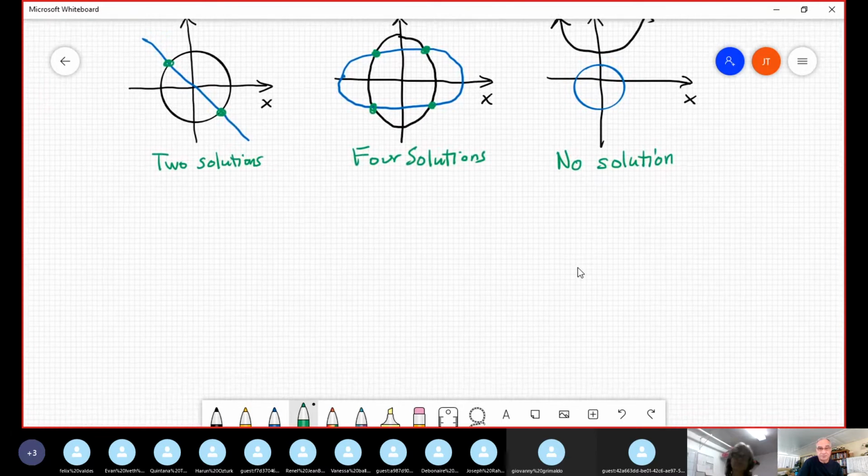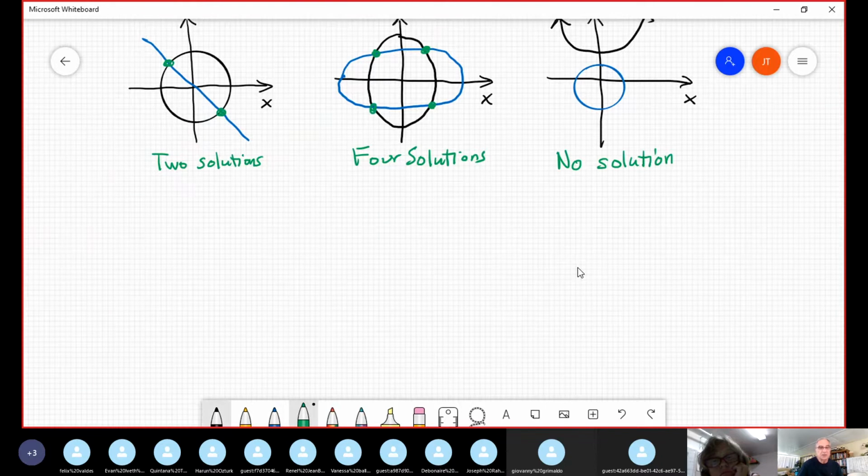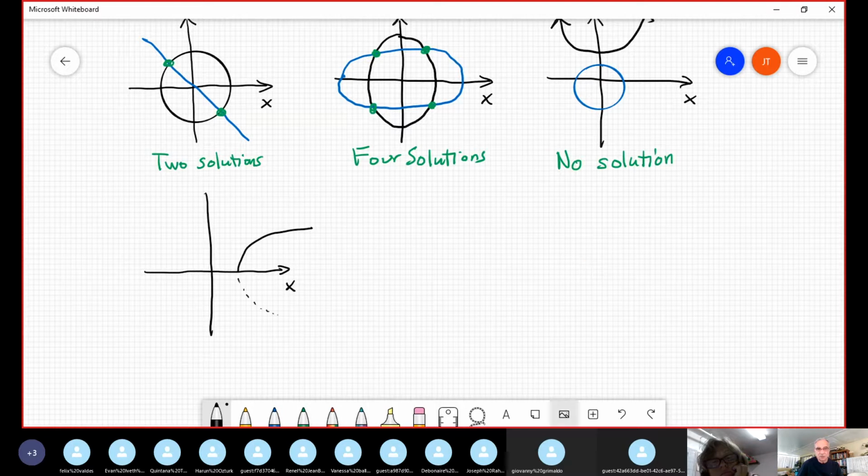And one solution is possible, so let's see one example of one solution. Suppose one solution. It's possible, yes. Suppose that we have half of a parabola, like that. A parabola that opens horizontally, no? But that part does not exist.